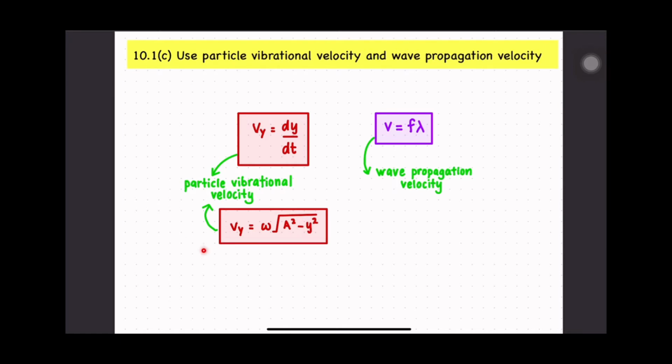Let's say they give you an equation, so you can differentiate the equation of y to get the equation of Vy, which is the particle vibrational velocity. If the question asks about wave propagation velocity, it is related with the equation v equal to f lambda, where v is the wave propagation velocity.